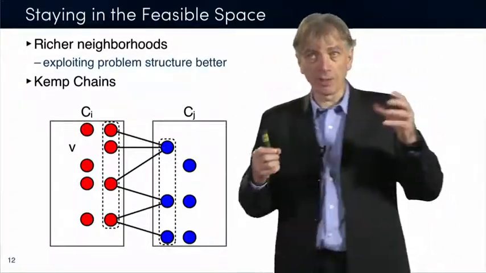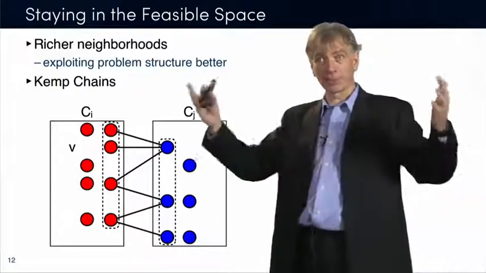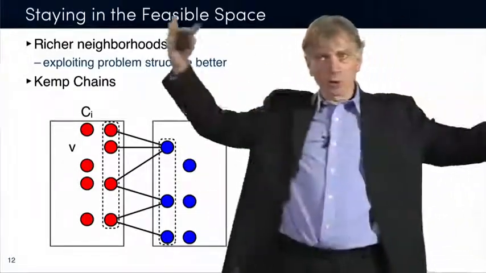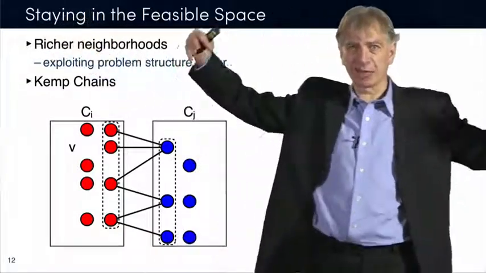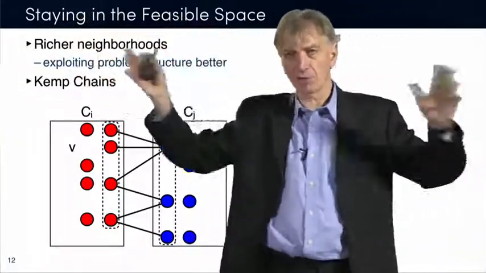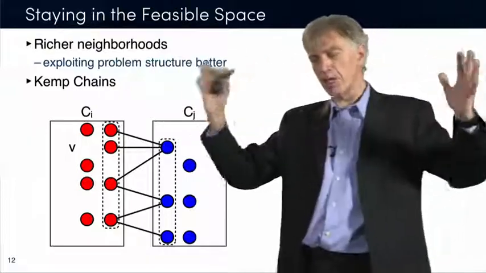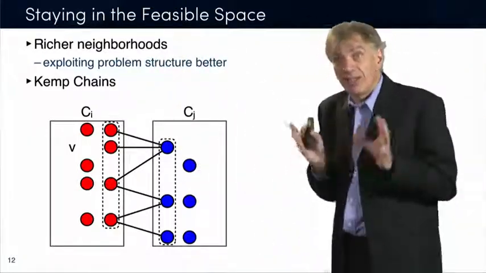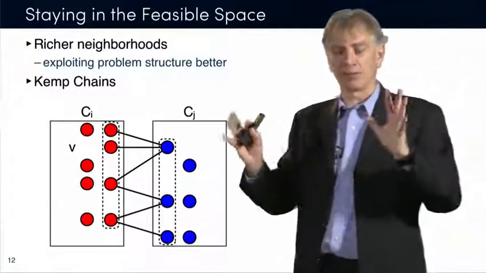I can explore many more things. The neighborhood is much larger, and therefore in general the quality is going to be better. We have to deal with the efficiency side, but the neighborhood, by definition, is going to be better, and you're still feasible, and this may be very interesting.